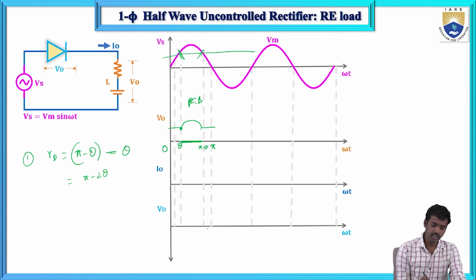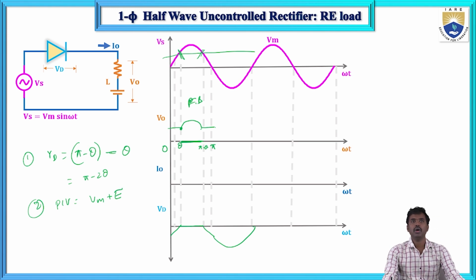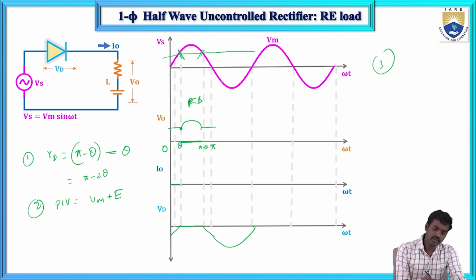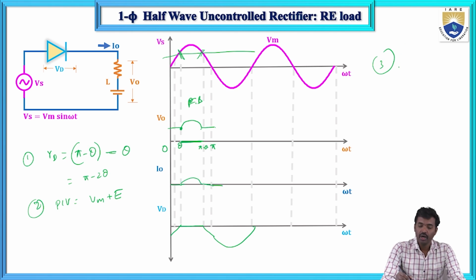And what about the peak inverse voltage? The second question: peak inverse voltage equals Vm plus E. Now the third question is the average value.